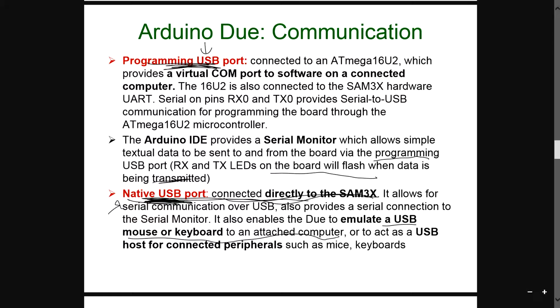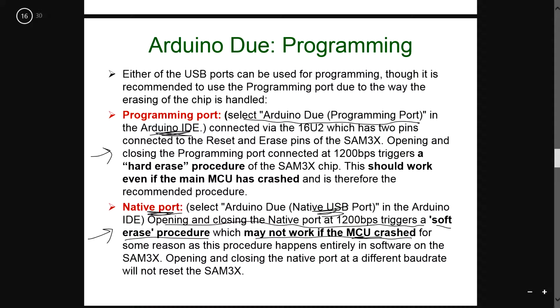When you attach it to your computer and pre-program it, you can use it as a mouse or a keyboard. So you don't need to program anything. You just plug it in and use it. After which you can program your programming USB port.